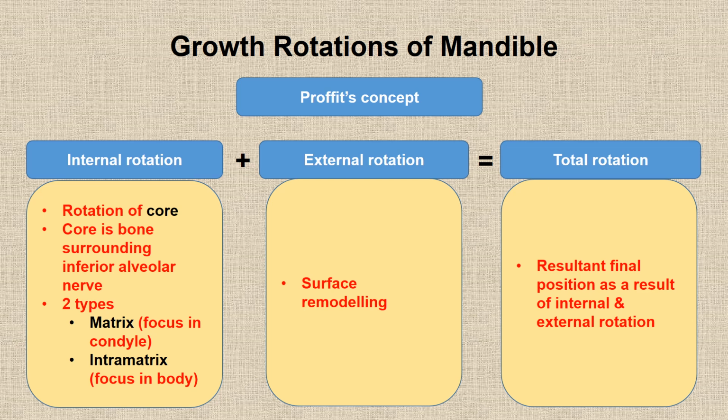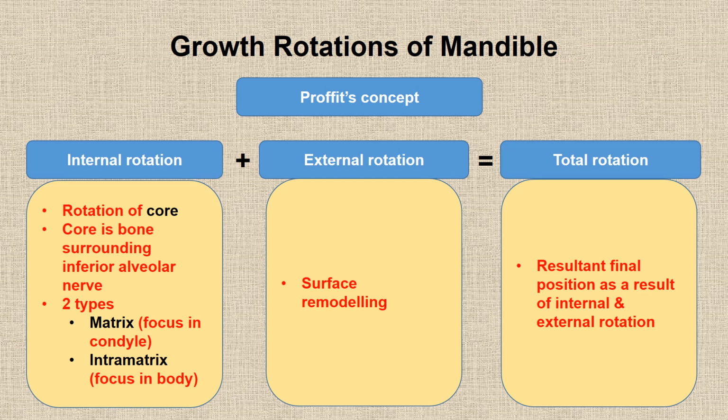Now, Proffit's concept of growth rotations, he classified rotation as internal rotation, external rotation, and total rotation. Internal rotation is rotation of the core of the mandible. Now, what is this core? The core is the bone surrounding the inferior alveolar nerve. There are two types.